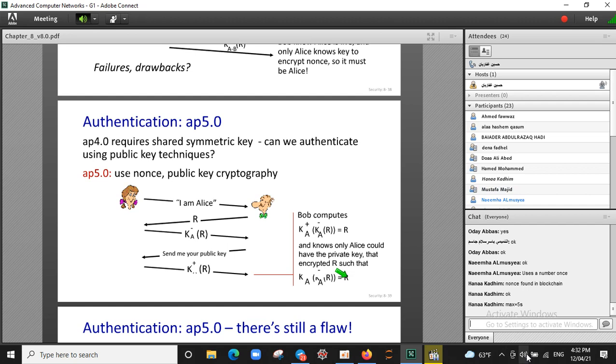The real Alice must redo these steps again. Again, she has to send her private message, I am Alice, and Bob would send another message to Alice, and then Alice should redo all of these steps.